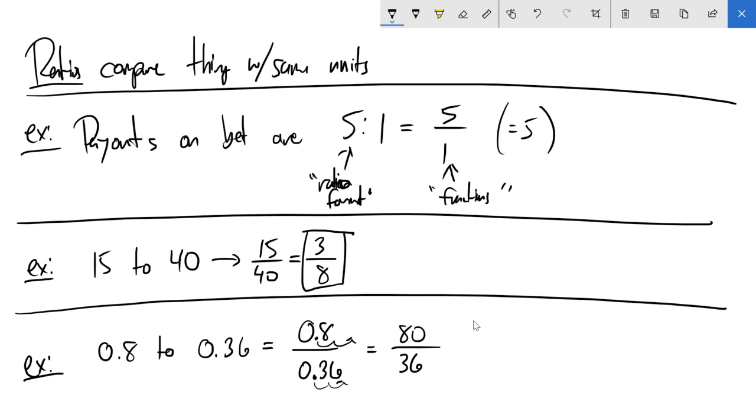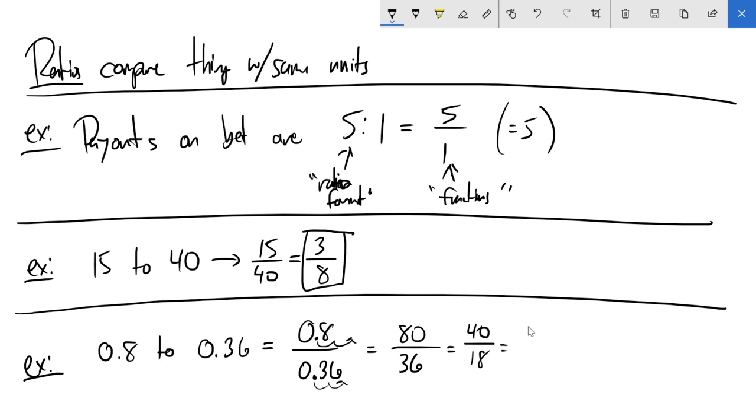Of course, this is reducible now, because 80 and 36 are both divisible by what? They're at least divisible by 2. 80 divided by 2 is 40, 36 divided by 2 is 18. We probably go further than that. Those are both divisible by at least 2 again, right?